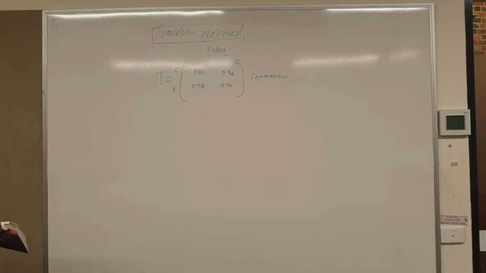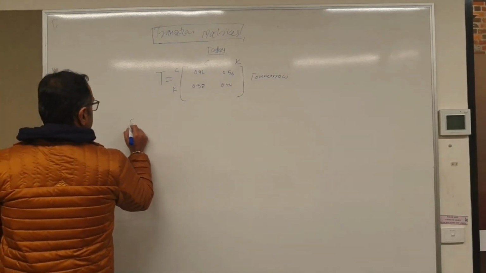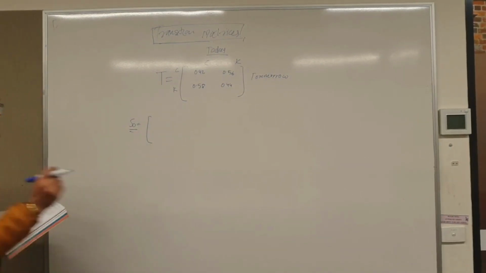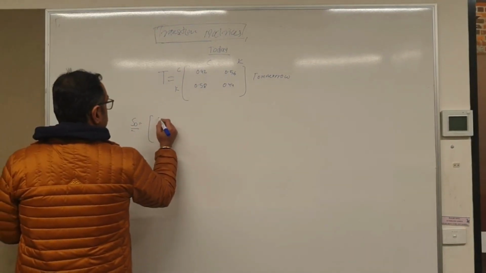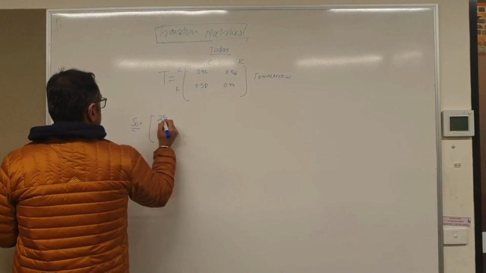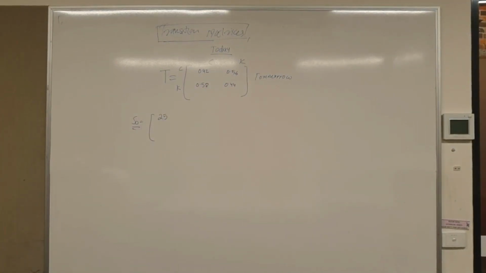25% students ate Crispies. My S0 on Monday is my starting point, is 25%, right? So that means, let's say out of 100, 25% is 25 students, right?